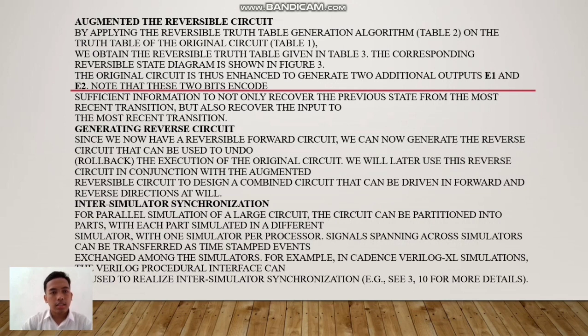Augmenting the circuit for reversibility, by applying the reversible truth table generation algorithm in Table 2 on the truth table of the original circuit in Table 1, we obtain the reversible truth table given in Table 3. The corresponding reversible state diagram is shown in Figure 3.